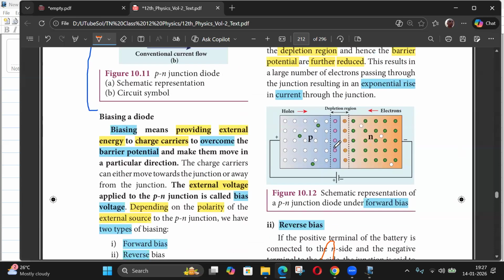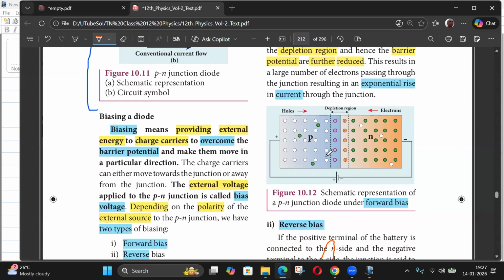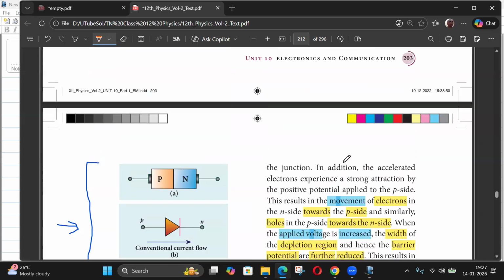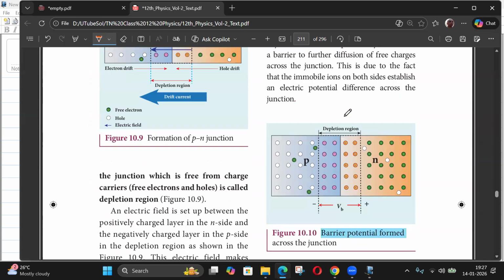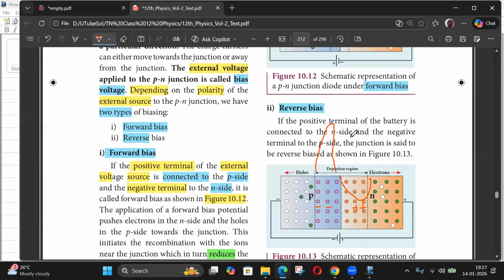But here, the barrier will be reduced. So with a little bit of voltage, this will cross. Here will be in between. So here you can see medium height. This is small height. This is large height. Okay, so that is difficult for the electron to cross.